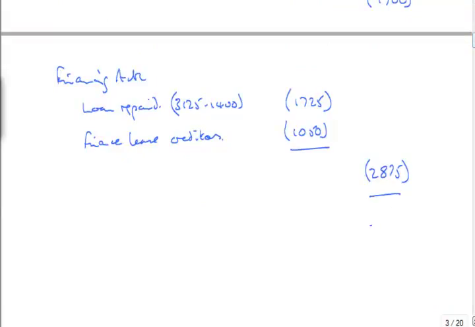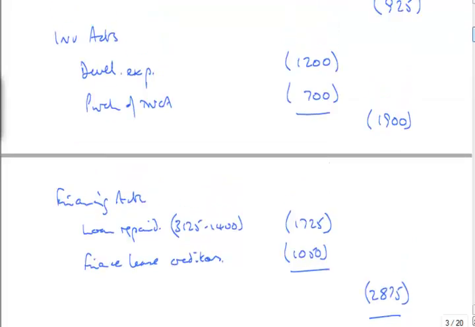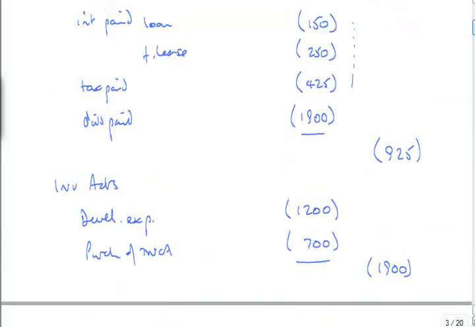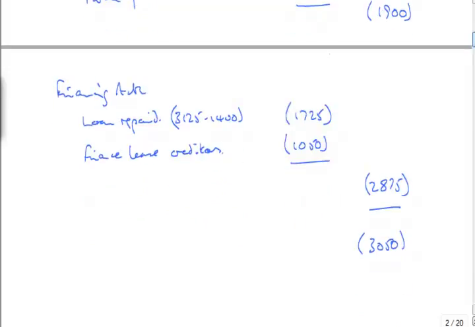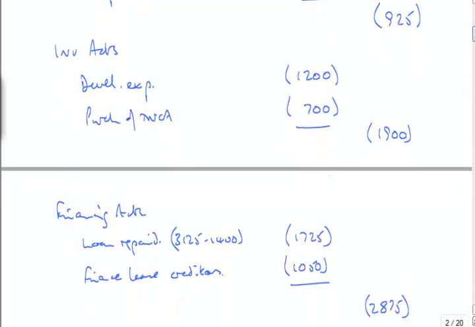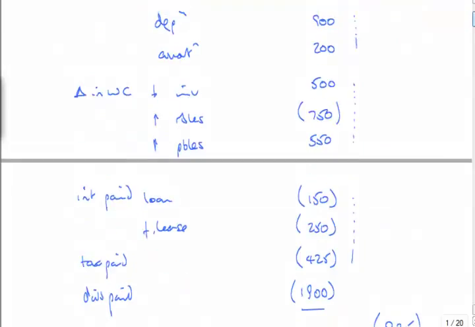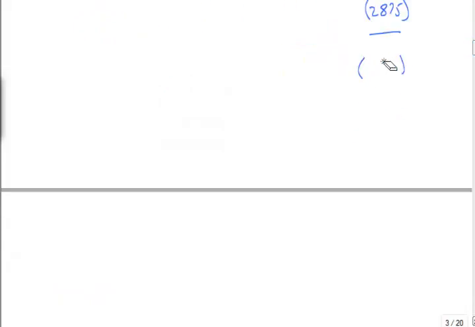3,050. Is that right? 2,875, 4,775, 925.